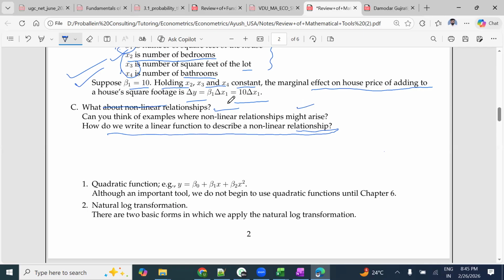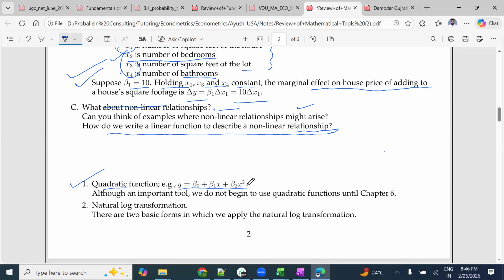Always we start with a linear regression model, but most of the time a nonlinear relationship we try to convert into a linear function, and then we try to estimate it. We will study how to use logarithmic transformation, but let's say this is a quadratic function. You all know y is equal to beta naught plus beta 1 x plus beta 2 x square.